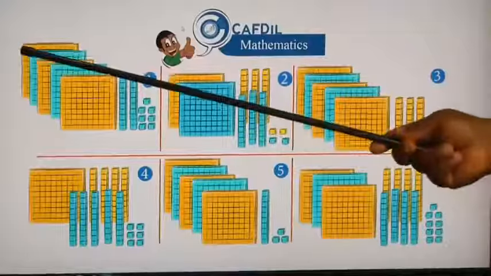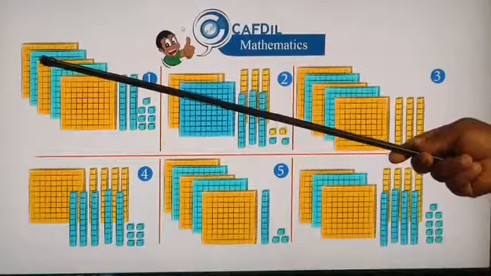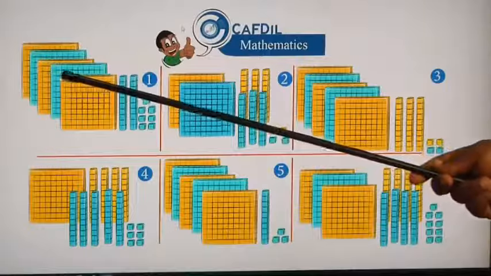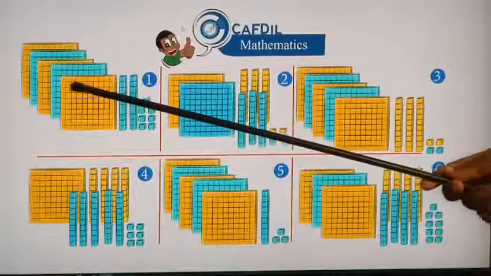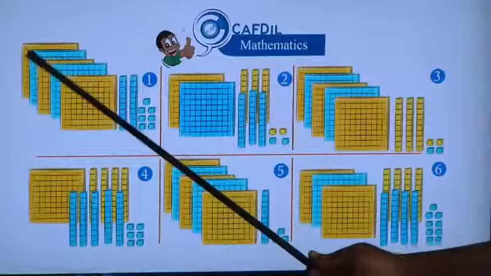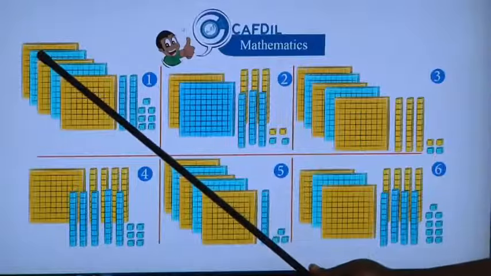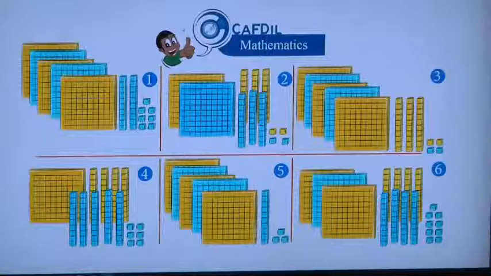Here we are having how many flats? 1, 2, 3, 4, 5. Now let's look at it. Please let us count it very well.